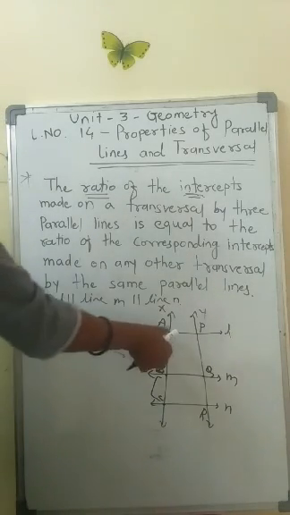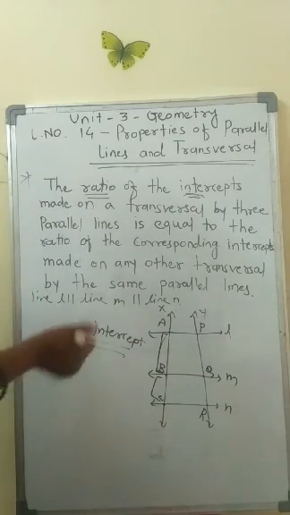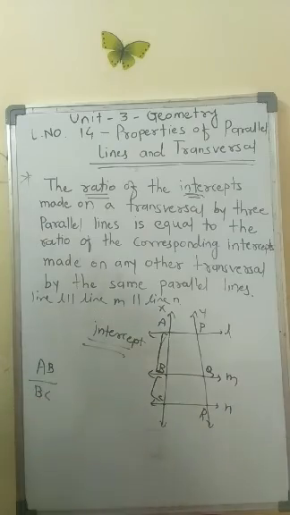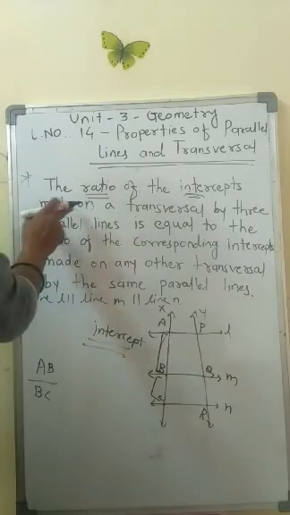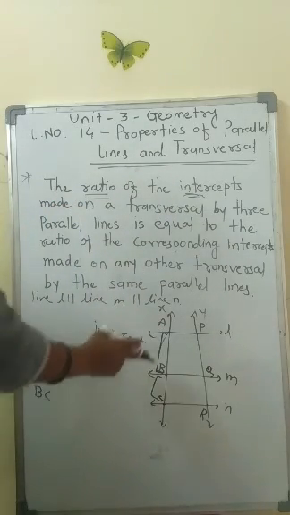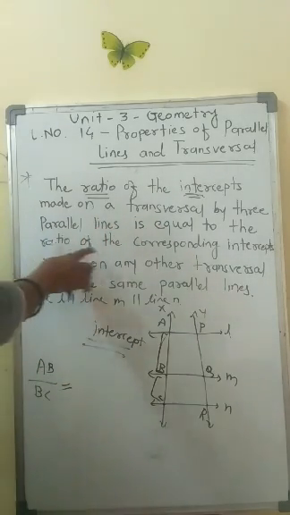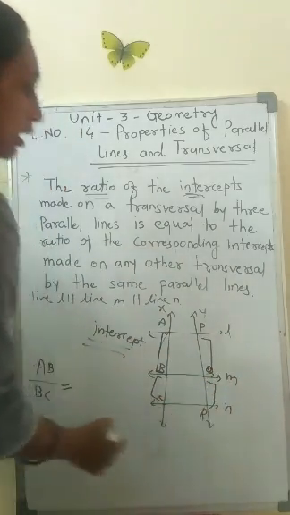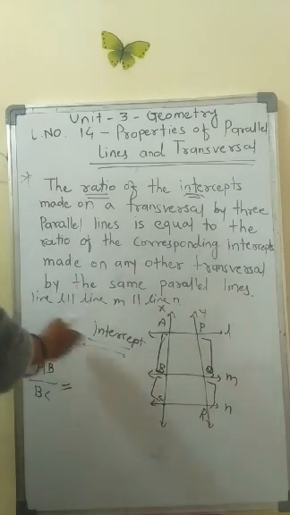Because of this intercept part, what forms? A ratio. Which ratio? AB upon BC. Again I repeat, the ratio of the intercepts made on this transversal by the 3 parallel lines, AB upon BC, is equal to the ratio of the corresponding intercepts PQ and QR made on any other transversal by the same parallel lines.